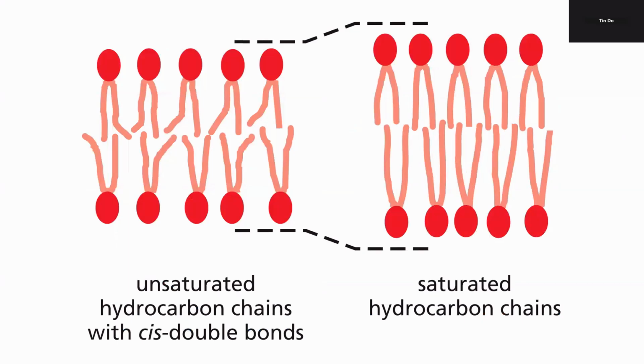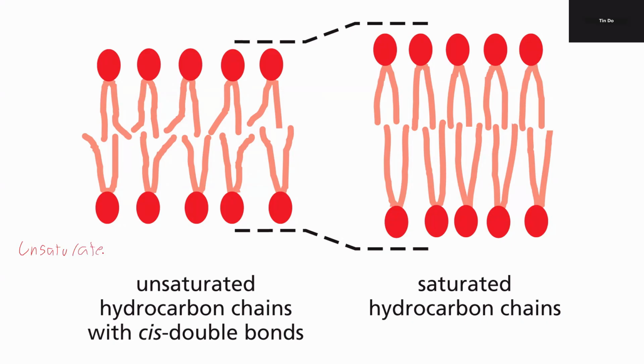Now, if we take a look right here, fluidity is based on the stacking ability of the fatty acid chains. The easier it is to stack, the more solid-like it becomes, just like butter. Butter is solid at room temperature, but if we add some unsaturated fat, remember the term unsaturated, let me write it down, unsaturated by definition means you are not fully saturated.